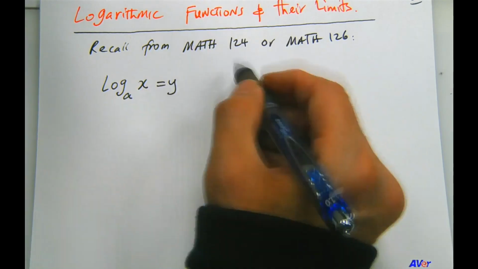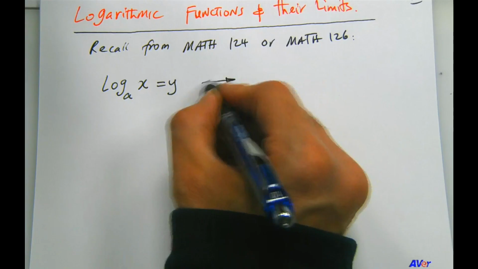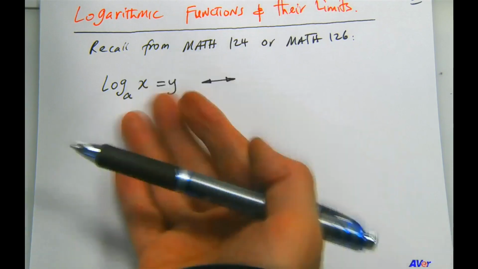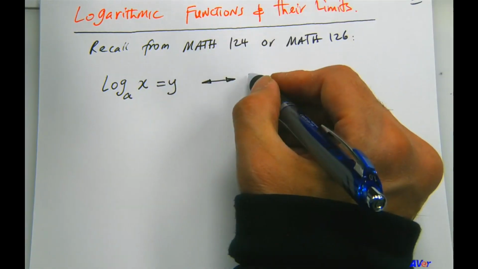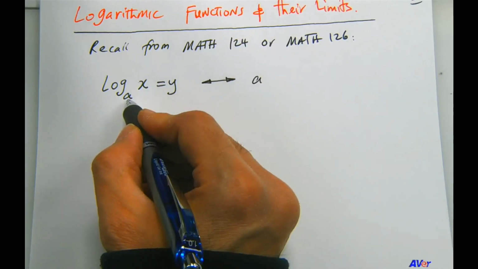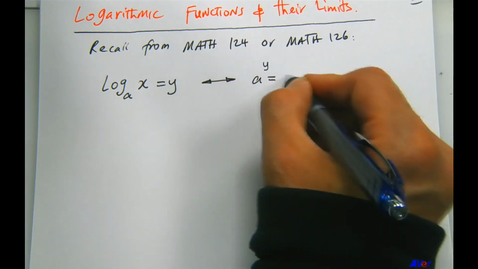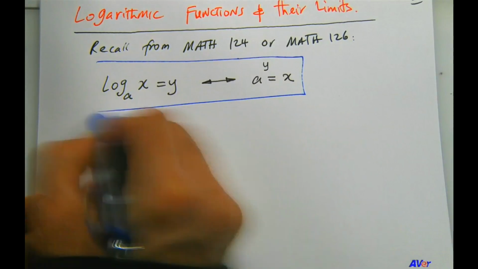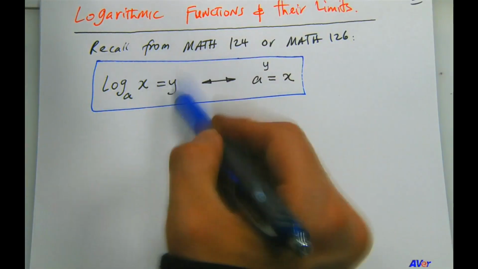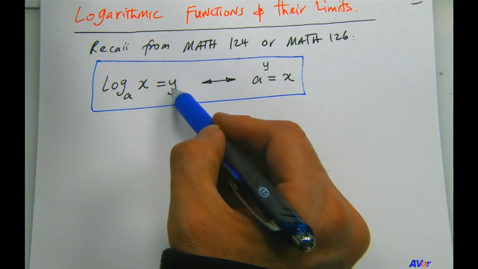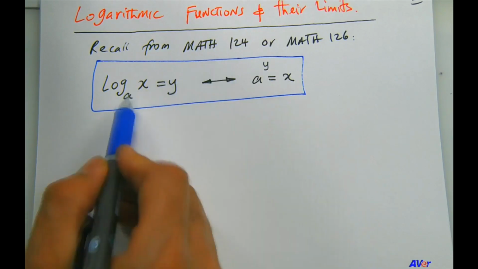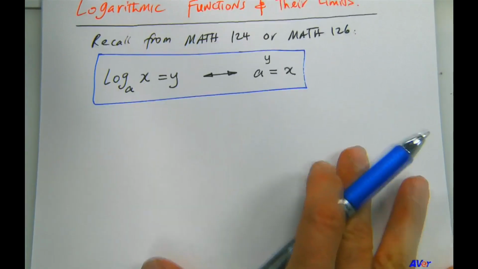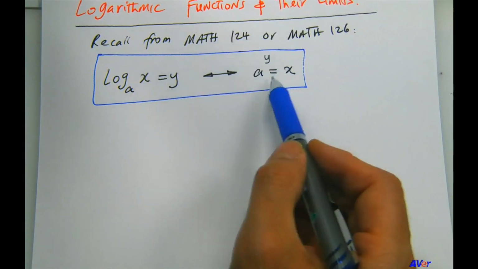If this is what we have, then this is equivalent to its exponential function version, right? This is the log function. Its exponential function version would be a, this base, to this exponent equals x. Remember that log functions are the only function that generate an exponent. So whatever you have on the other side is an exponent. To what base? To this base. So this base raised to that exponent gives you this result. Okay, and so this is the log form, this is the exponential function form.